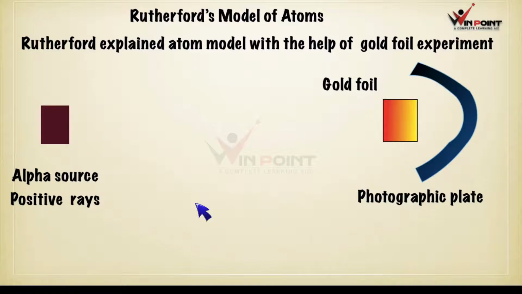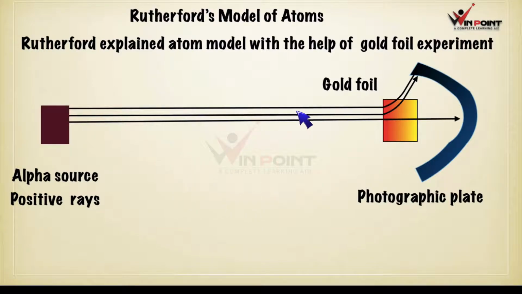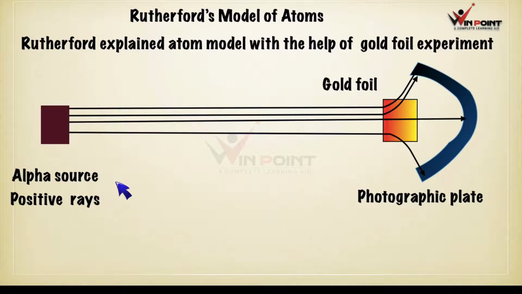When alpha rays are transmitting through gold foil, some of the alpha rays are deviating in small angles, and some of the alpha rays are deviating in large angles.